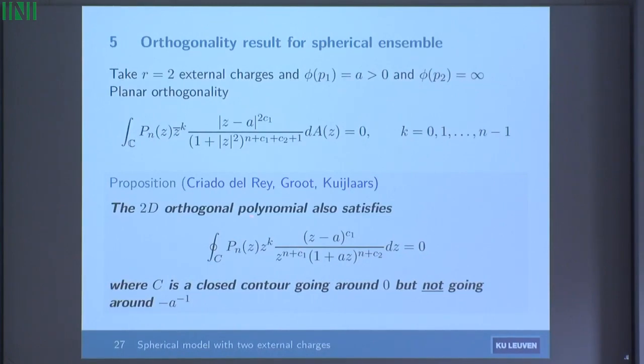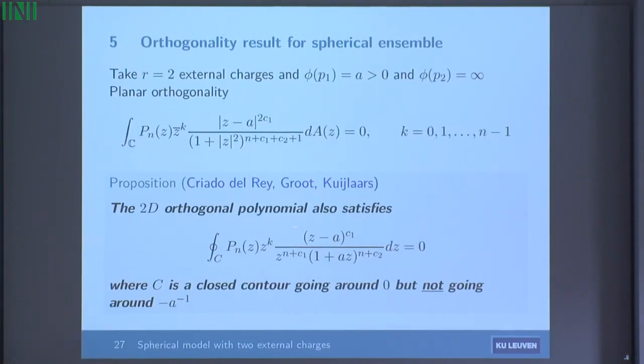So there's also an orthogonality on the contour on a curve that goes around 0, but not around another pole that we have here, which is not present immediately here, at minus A inverse. This is the pole. And there is this orthogonality measure, which is a rational expression. There's no complex conjugation here.